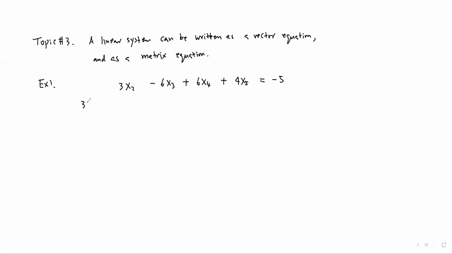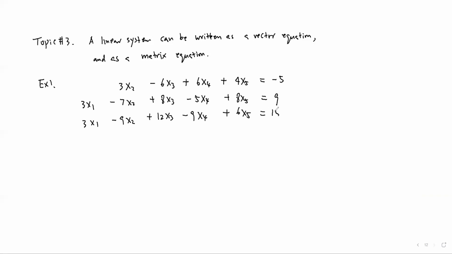Second equation: 3x1 minus 7x2 plus 8x3 minus 5x4 plus 8x5 is 9. Third equation: 3x1 minus 9x2 plus 12x3 minus 9x4 plus 6x5 is 15. A linear system of 3 equations in 5 unknowns.